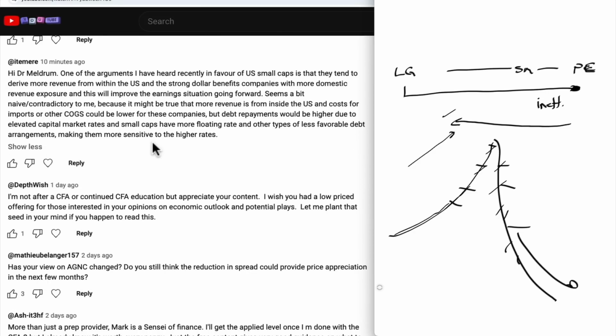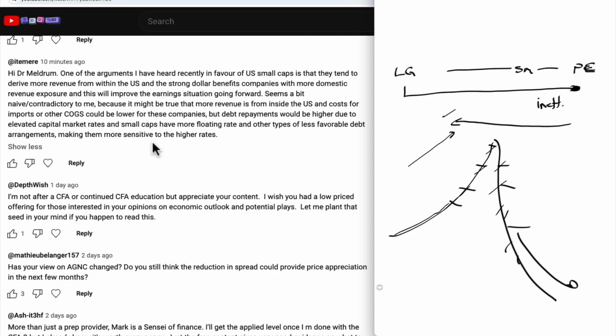One of the arguments I've heard recently in favor of small caps is that they tend to derive more revenue from within the U.S., and a strong dollar benefits companies with more domestic revenue exposure. I don't know that it benefits them as much as it doesn't punish them. If you have international operations and you're consolidating and translating different currency balances, a strong U.S. dollar creates a lower value for all those other currency amounts, whereas a small cap stock with very limited international exposure wouldn't have that effect.